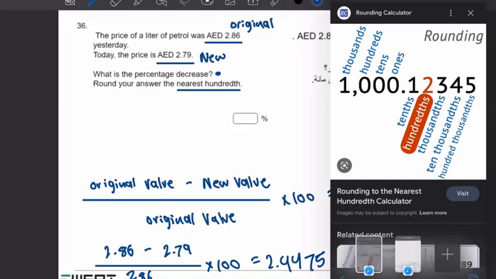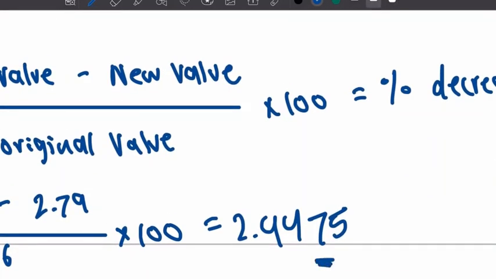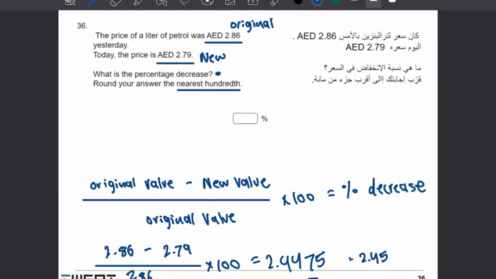If it's 4 and below, you don't have to round it. But since the number behind the hundredth is 5 or above, we have to round 4 to 5. So it will basically be 2.45. So the answer is 2.45%.